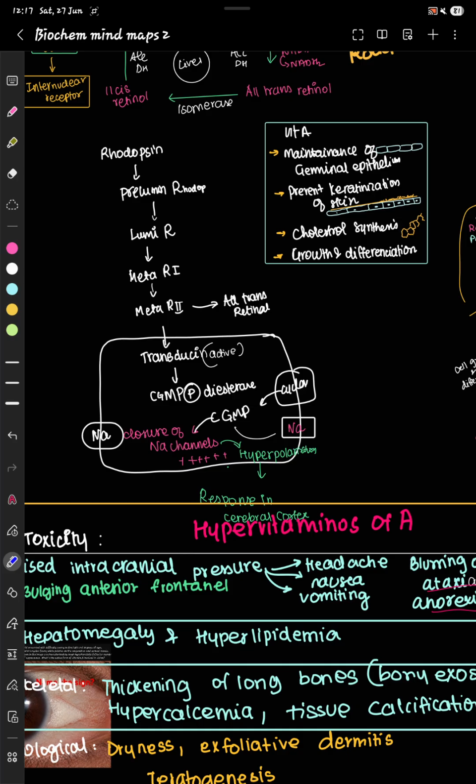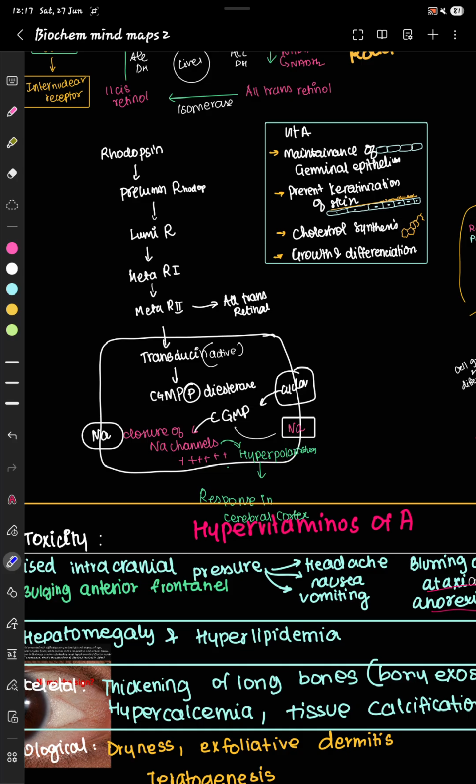When this cyclic GMP phosphodiesterase closes the sodium channels, there is occurrence of hyperpolarization. This will send a response to the cerebral cortex.